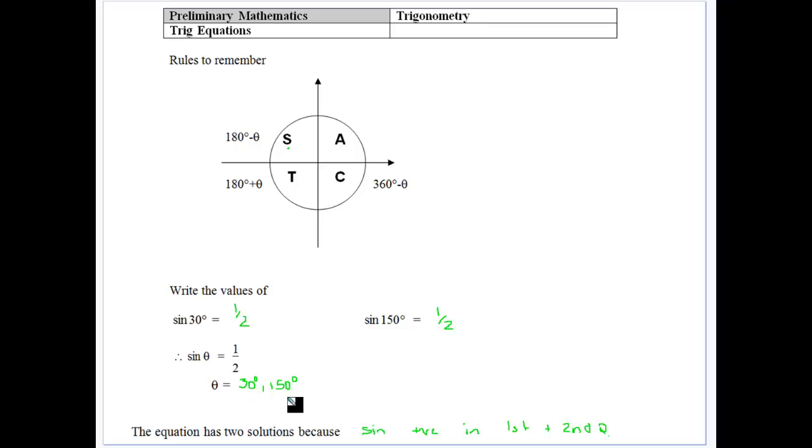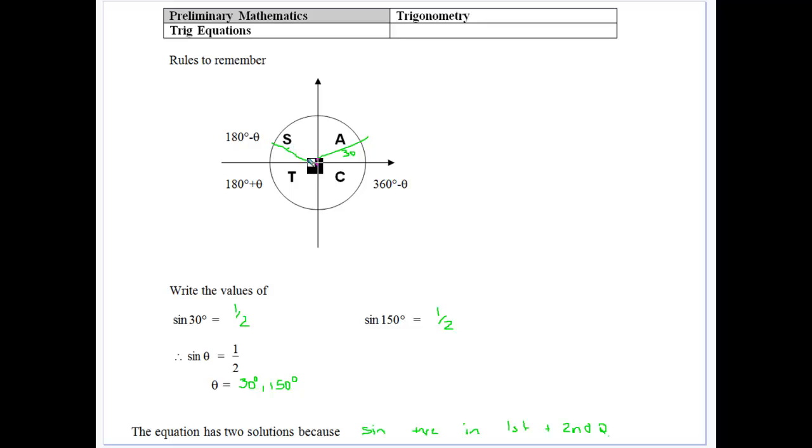We could have an infinite number of solutions, because if we consider 30 degrees and do a complete 360 degrees, sine of 390 would equal a half. And then add another 360 to 150. Or subtract 360 degrees, and we say minus 330 degrees. Sine of minus 330 degrees would equal a half, because it would be in the same spot.